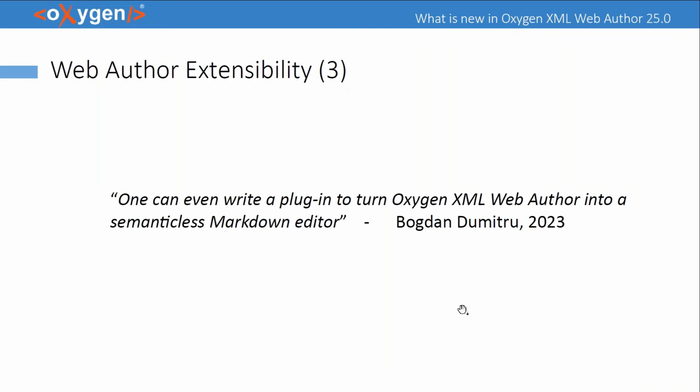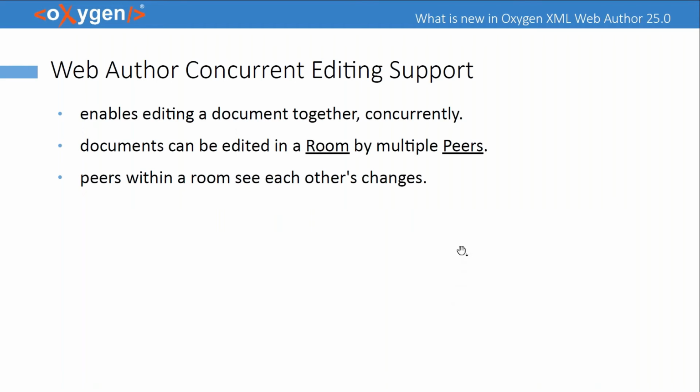We also have a plugin that adds markdown editing support in Web Author. So the point that I'm trying to make is that Web Author is really highly extensible, and you can turn it into whatever you want or whatever you need.